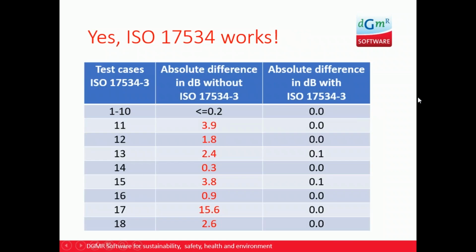We compared the difference between the two software packages for all the test cases without the quality assurance, and you can see what type of difference you get: 3.9, 1.8, up to 15.6 dB difference. And then when you apply all the recommendations of the quality assurance, you see that all the differences go away, and you go down to 1/10 of a dB difference.